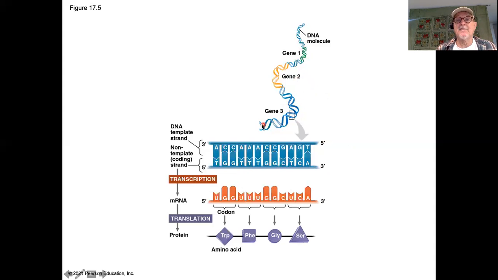Just realize something: if we're reading the code in this direction on this gene, and the template is on the other strand, it will be read in the opposite direction. The gene is read 3' to 5', and we'll see exactly why in a minute.